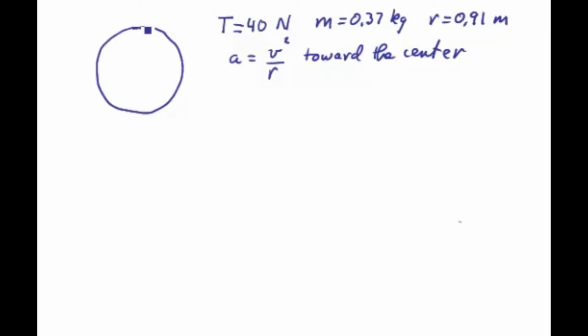So we want to look at two places in order to figure this out. We're going to look at where the stone is at the top of the circle and then the bottom of the circle. So first we're going to look at the stone at the top of the circle, and we're going to do our little free body diagram here. Gravity is going to be pulling directly down, and then we're going to have tension pulling directly down.